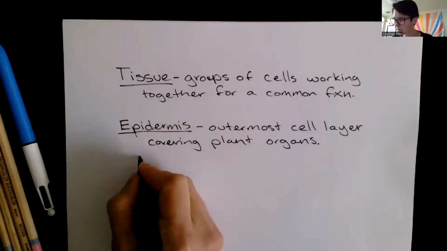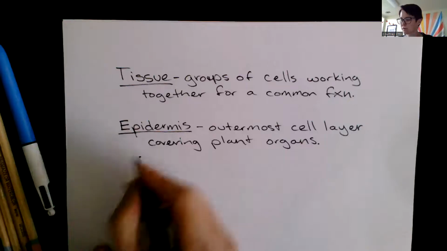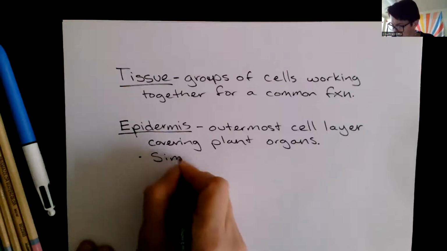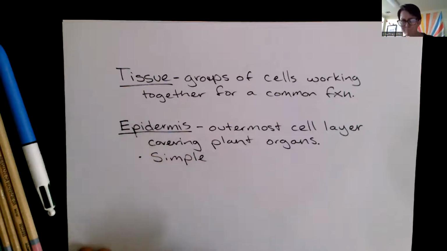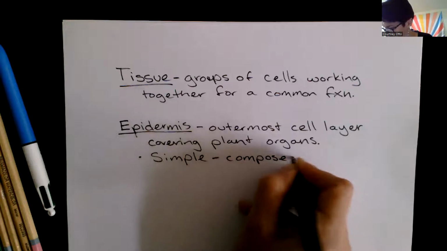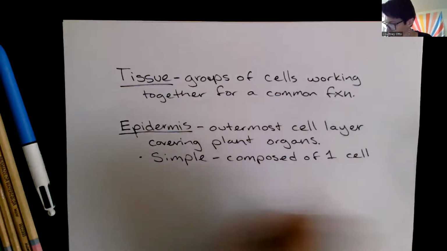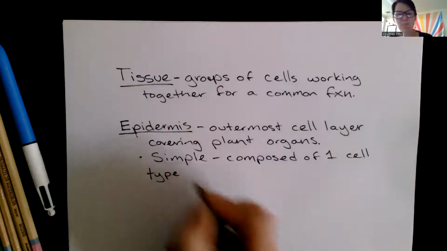And one thing that distinguishes it from either ground tissue or vascular tissue is it's going to be the one tissue type that's what we call a simple tissue. And by simple, I mean that it's composed of just one cell type. And that one cell type is parenchyma.